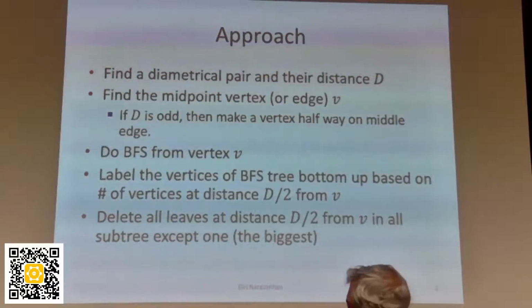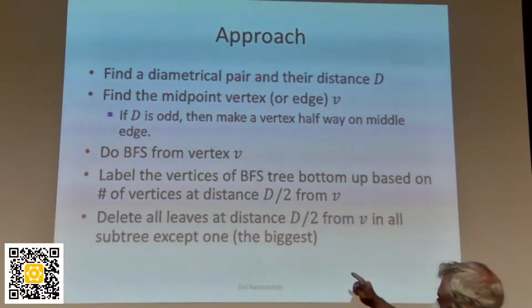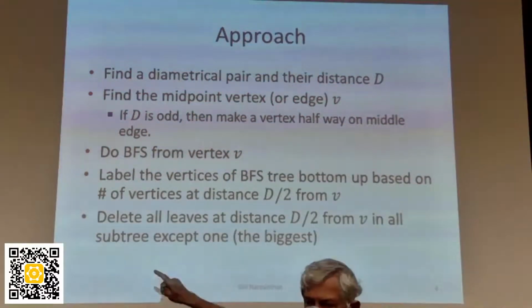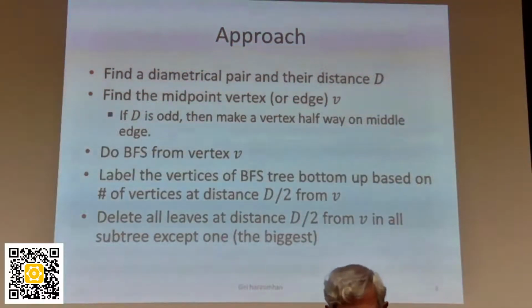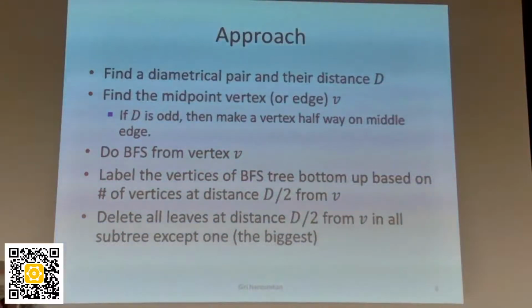And then we delete the leaves that are at distance d over 2 from all the subtrees except the one that has the most. That's what we said. This one has the most. We delete the leaves from all the other subtrees. Is that clear? Then we check. So this is half the algorithm.